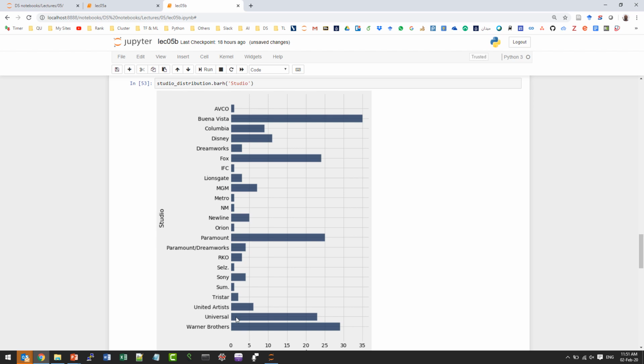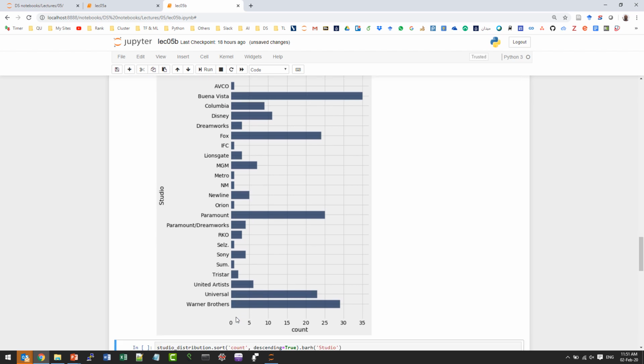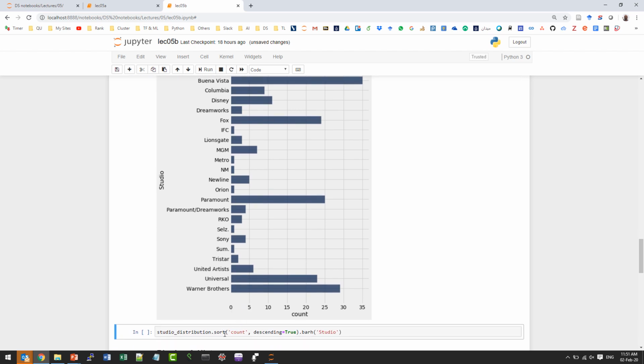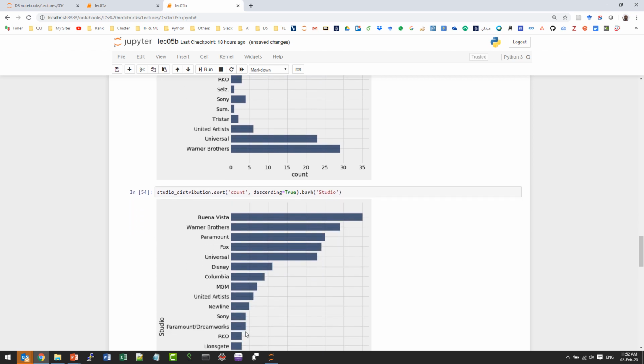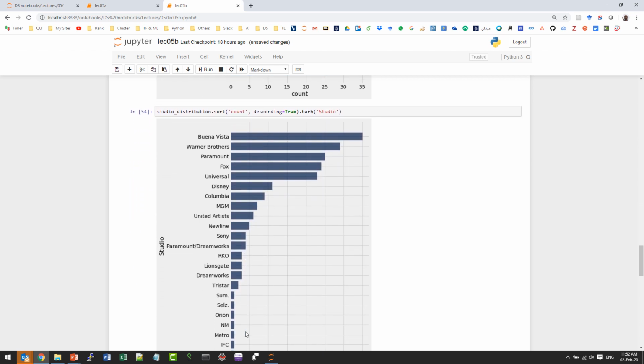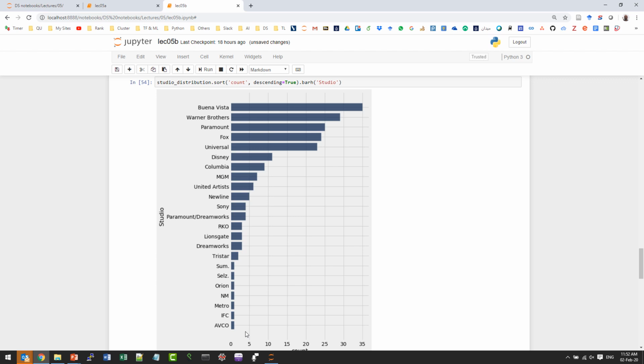Now, as you said, it is not sorted, so it's better to sort it. We'll sort based on the counts, and then do the bar chart. So we'll have something like this. Now this is much simpler to compare than the previous one.